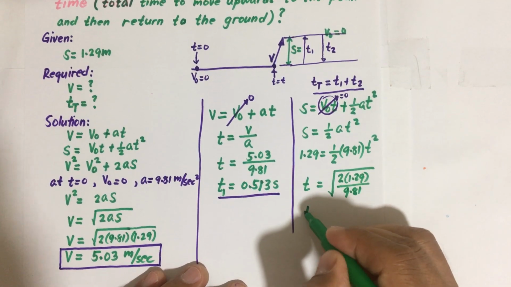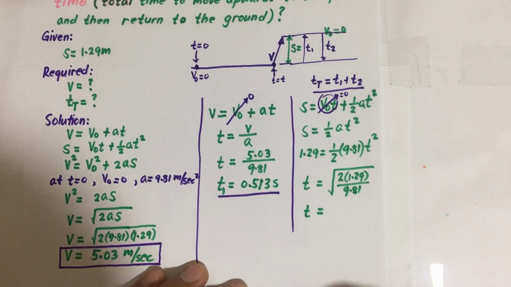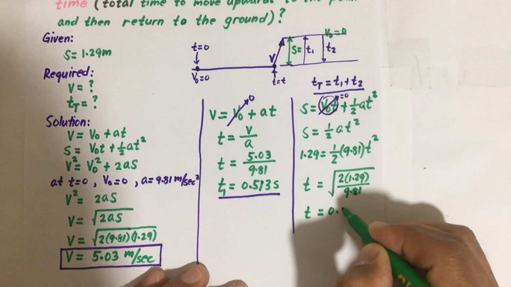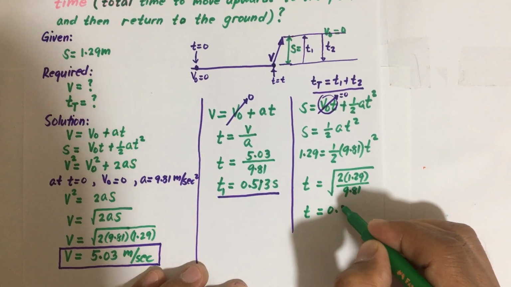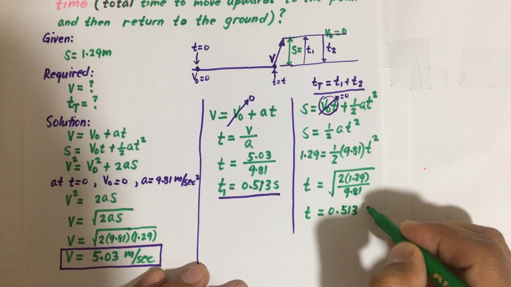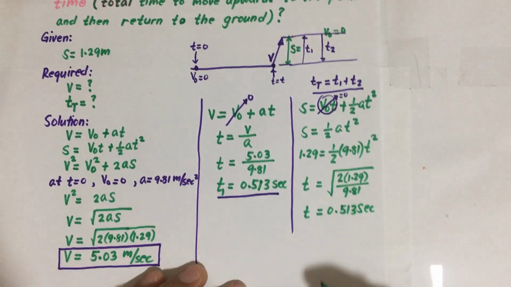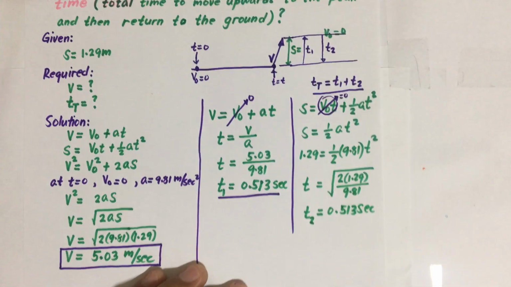And we got t here, which is equal to 0.513 seconds. Okay, so this is actually our T2.